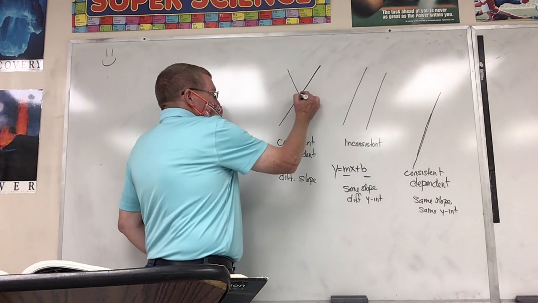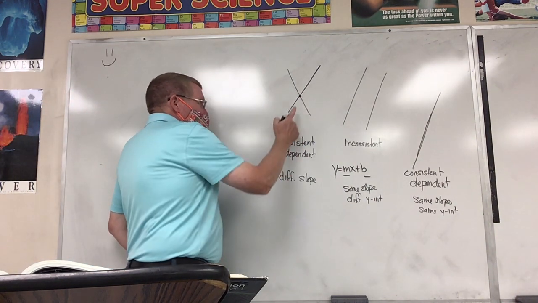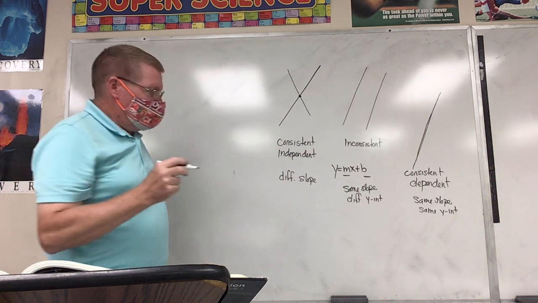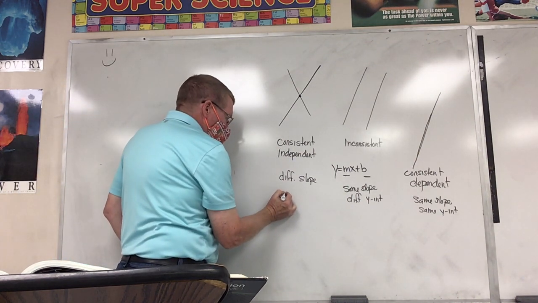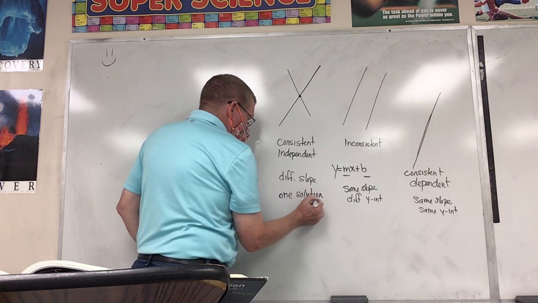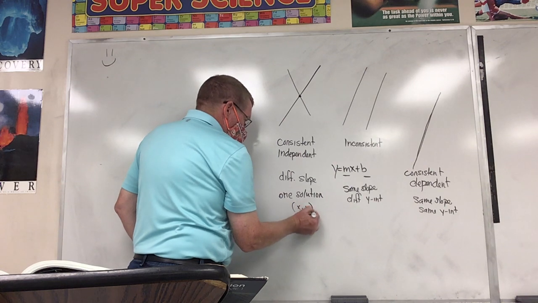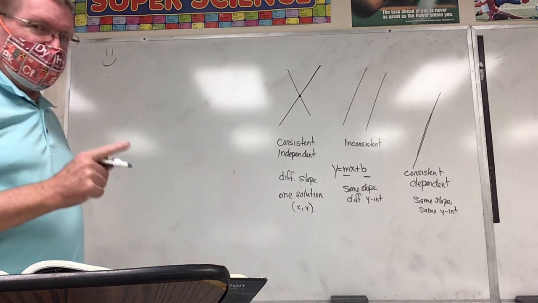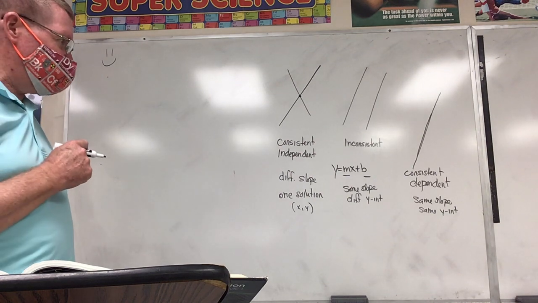And that would be any point that is in common. You see my consistent independent intersects at one point. So that means there is one solution. That is an x, y coordinate. There's only one solution that will make both equations true, and we'll see how this is going to work in just a few minutes.